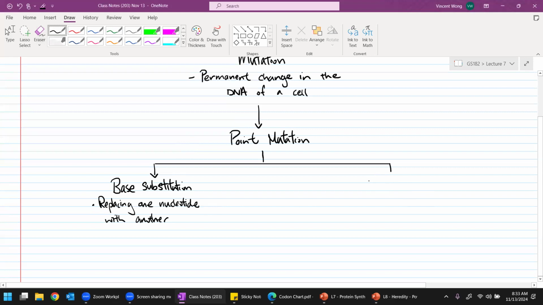The other kind of point mutation is insertion or deletion, where nucleotides are added or removed from the DNA sequence.